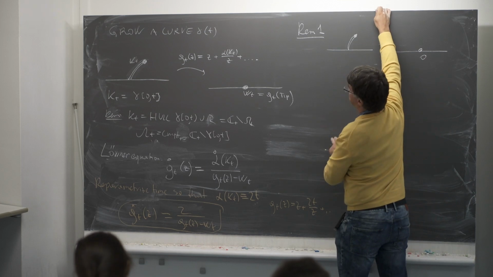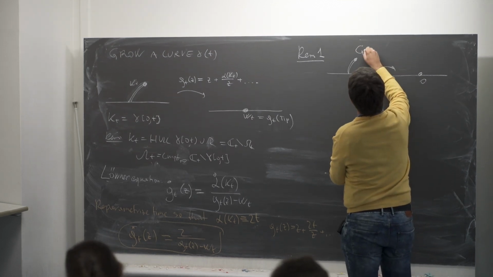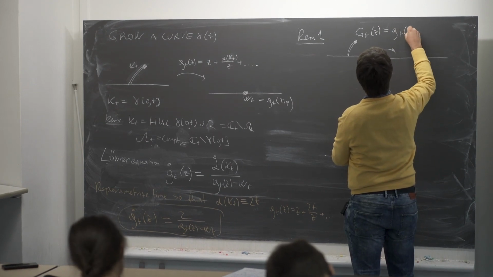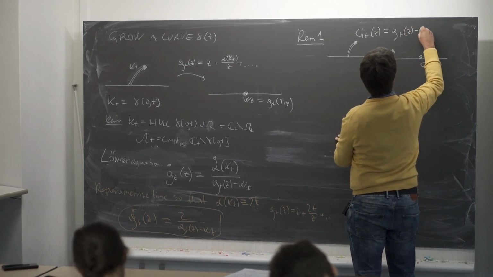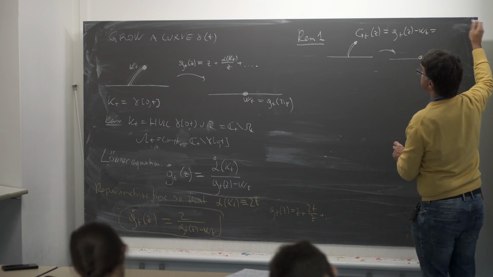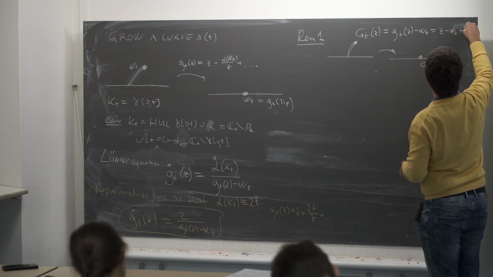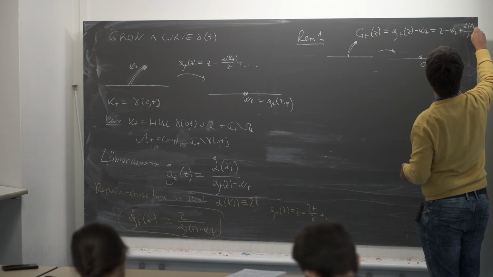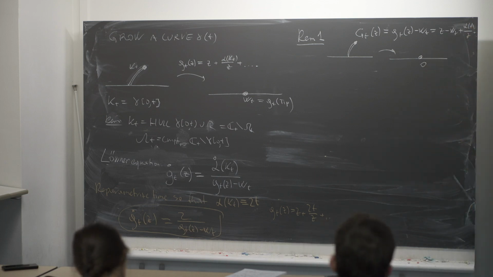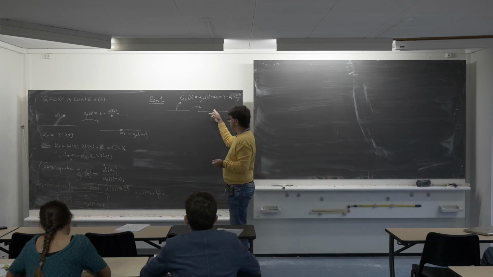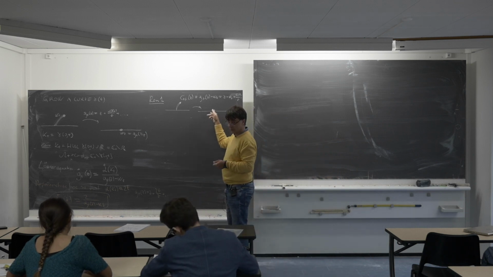So it's a map which we will denote by G capital T of z. So it's gt of z minus wt. So it's z minus wt plus alpha of t over z plus small order terms. What's nice about this map is that you always grow at 0, so always the point is 0.